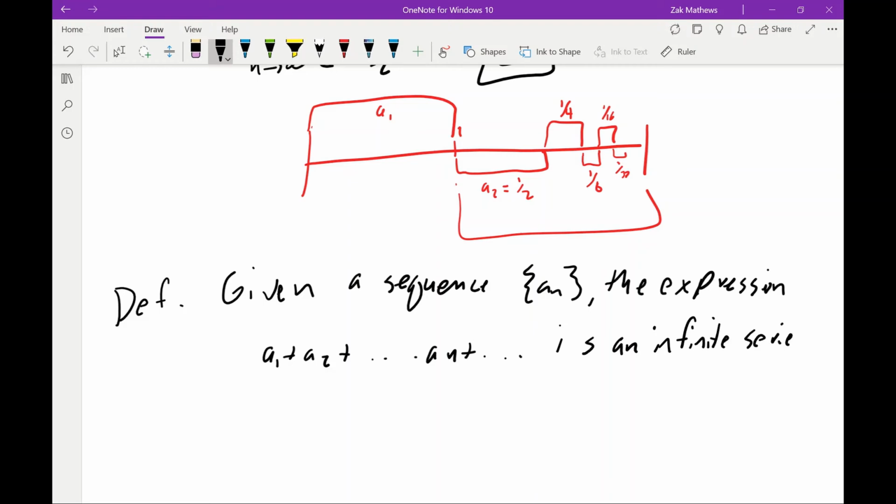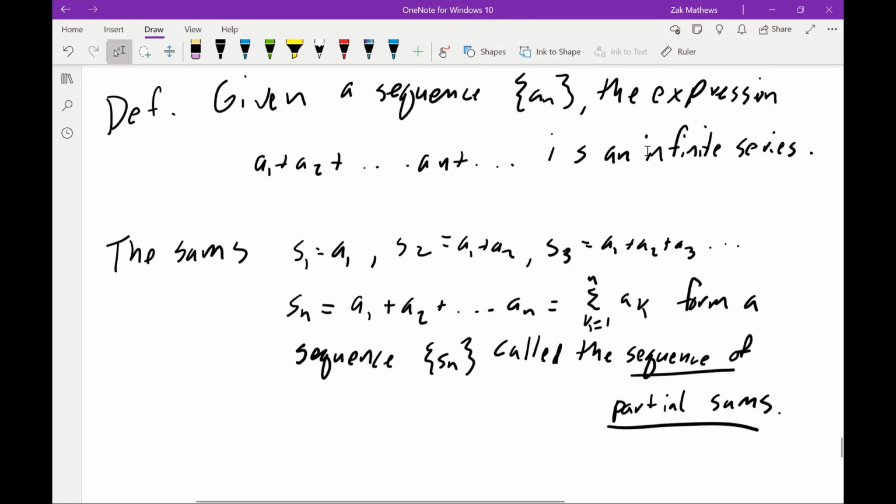Infinite series means we don't stop at just the n, we just keep going on through. Once we have those infinite series, what we have to do is look at their sums. Just like we did in the example above, where we looked at the 1 plus 1/2 plus 1/8 plus 1/16 and so forth. In order to see what that series is really doing, we need to look at the sum.